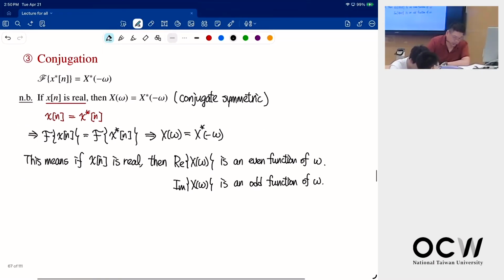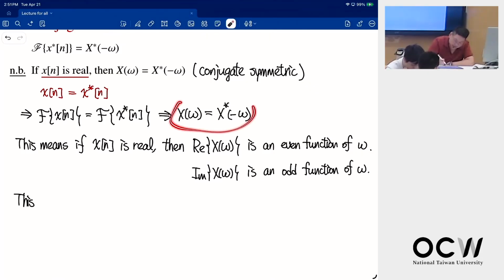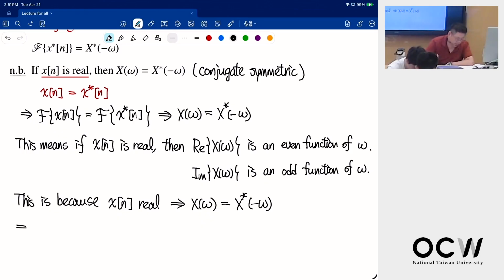Why? Okay, let's see this equation, this equality. This is because when x is real, your Fourier transform is in this equation, which means the real part of your Fourier transform plus the imaginary part, that is the left hand side.